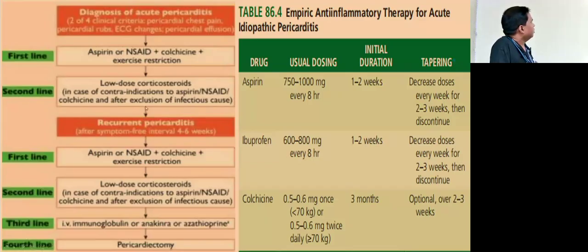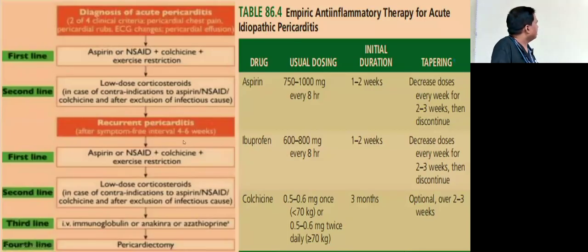So if the patient gets better, then we can follow up on an OPD basis in acute pericarditis. But sometimes what happens is, after a symptom-free period of 4 to 6 weeks, the patient can come back with similar symptoms. That is termed recurrent pericarditis.